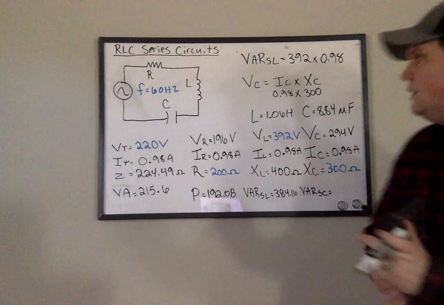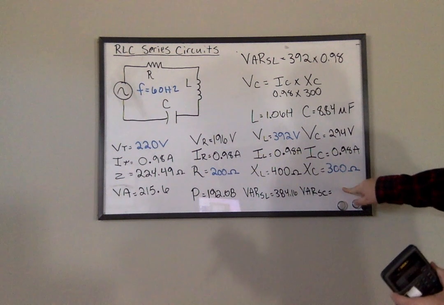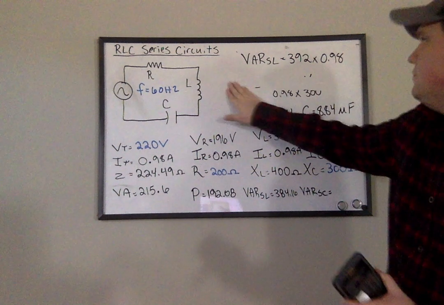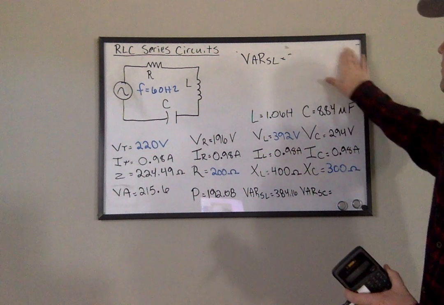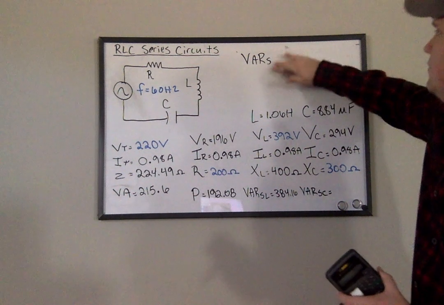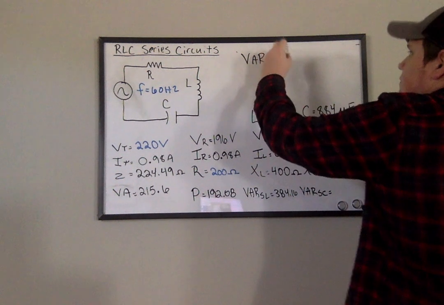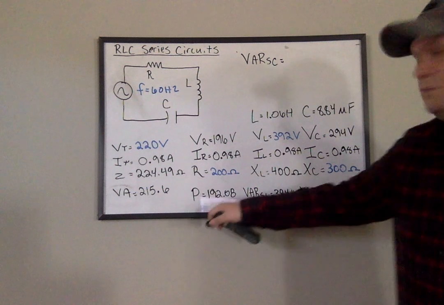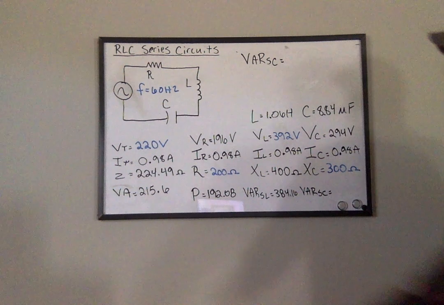Okay? Now, we need to find VARs C. It's a part of the power triangle, so guess what? It's volts times current.